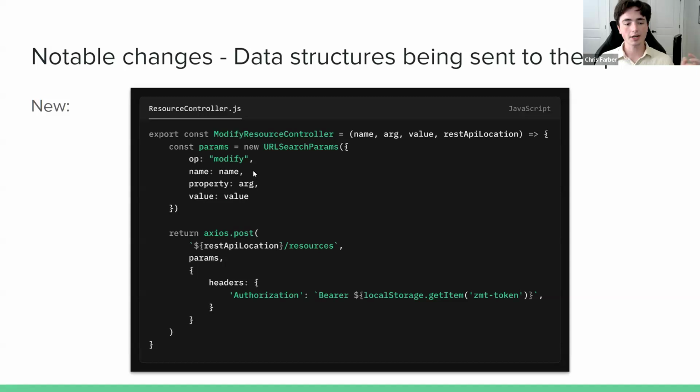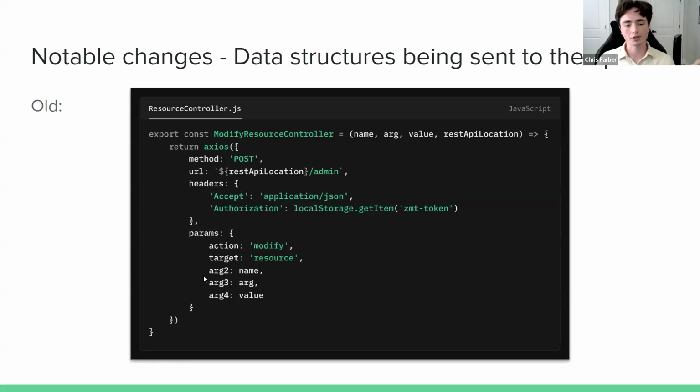This is in contrast to how the HTTP API now accepts these parameters. You can see things like name, property, and value, which I believe directly correspond to arg2, arg3, and arg4. So it's a more semantic meaning for these argument names, a better user experience for sure.